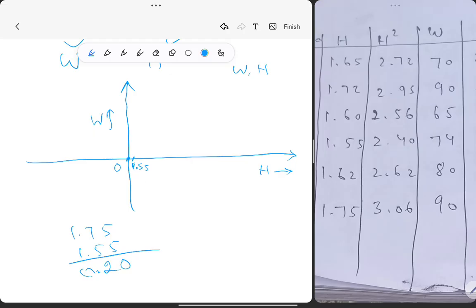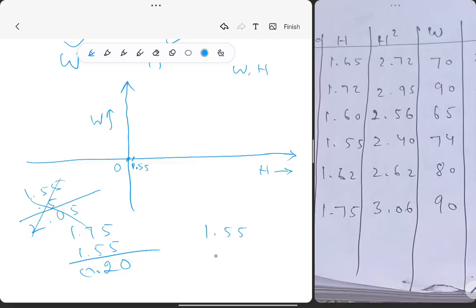To this 1.55, I will add 5. 1.55 plus 0.5, sorry, 0.5. Then I will have 5, 5 5 is a 10, this is 2.05. So no, sorry, we are not going to do this. We will do this thing.